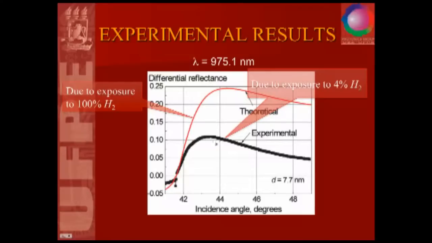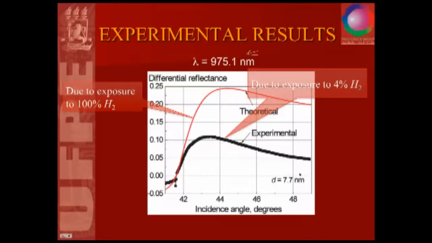So we're just putting those two curves together to compare their shape and see how far we are from the maximum theoretical limits. This is for a thickness of 7.7 nanometers, at the operating wavelength that we have in our system, and that's the result we got.